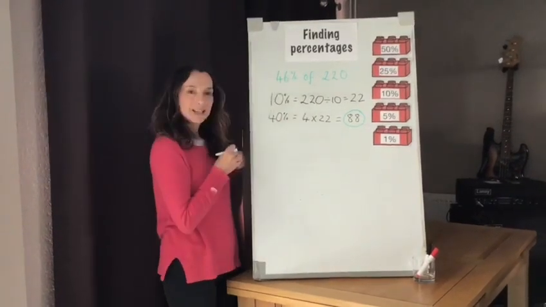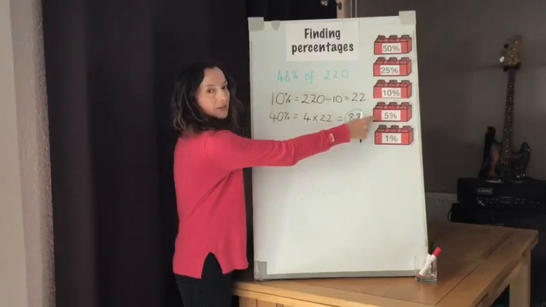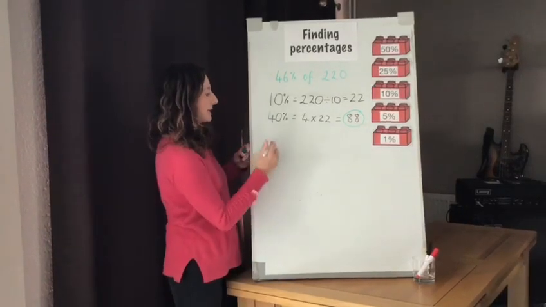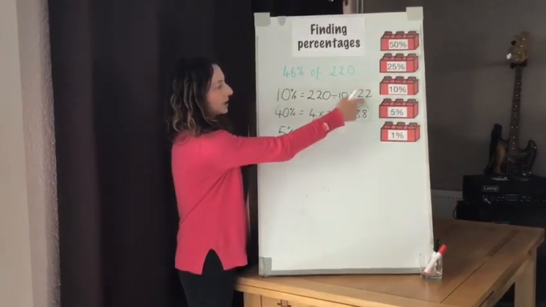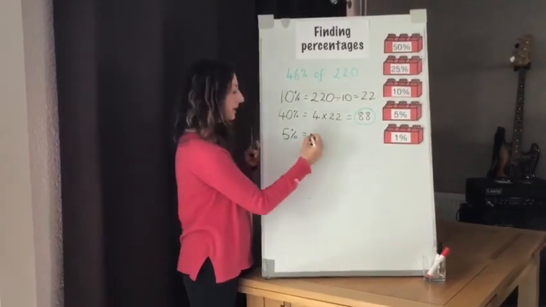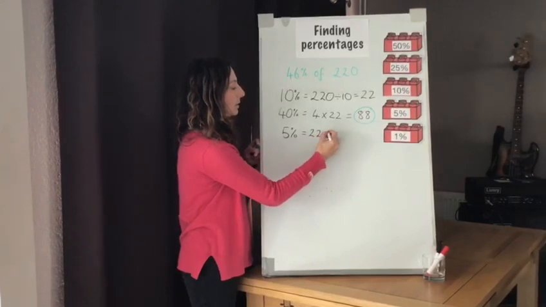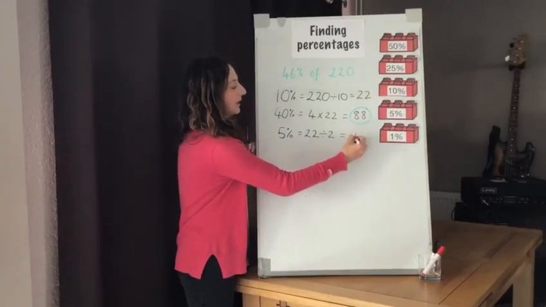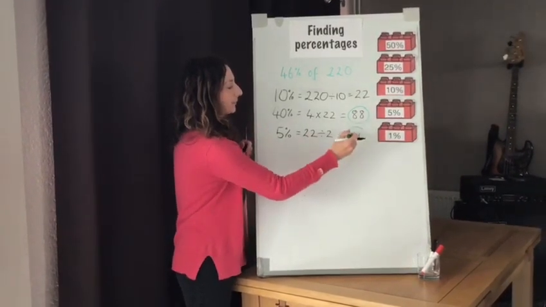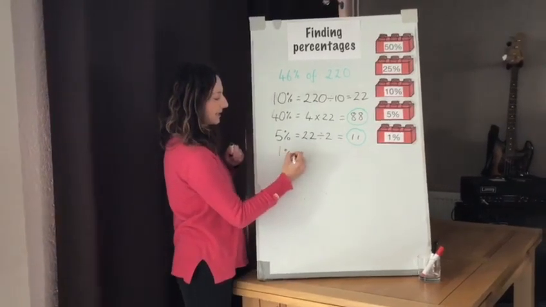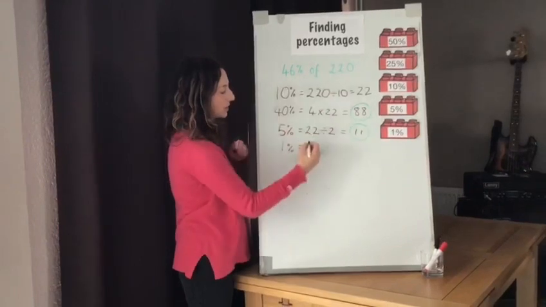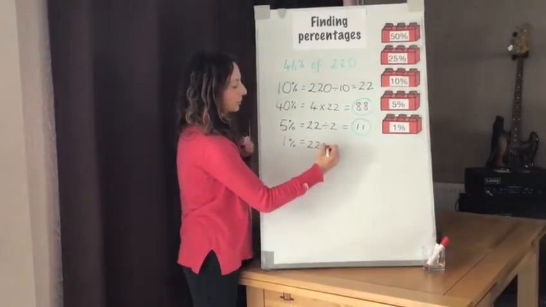To find our 6%, we're going to use 5% and 1%. Now to find our 5%, we can use our 10% and divide it by 2. So 22 divided by 2 gives us 11. And then finally, to find that 1%, we're going to divide our original number by 100.